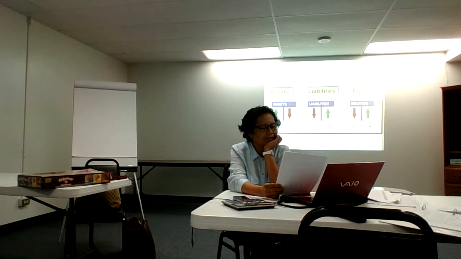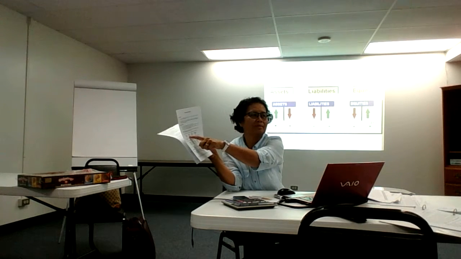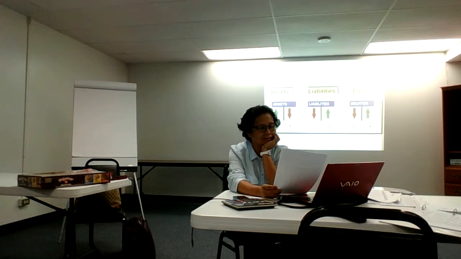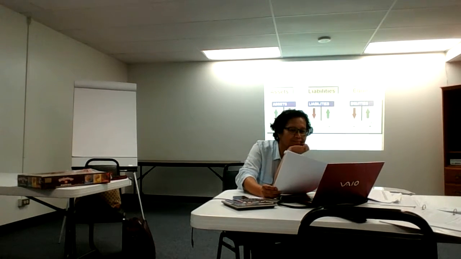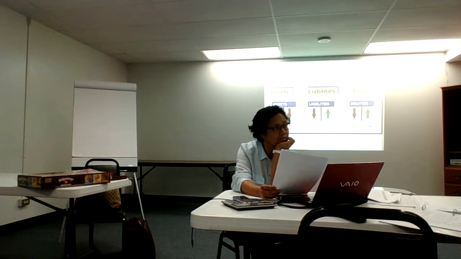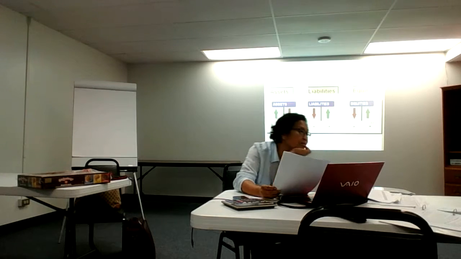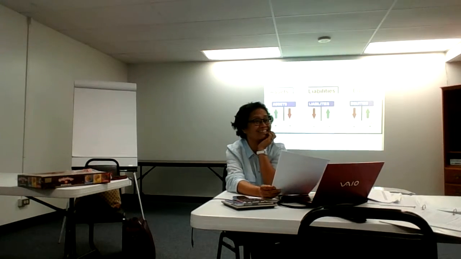On the debit side, it says the debit is increase. The credit is decrease. The normal balance of asset is debit. It's abnormal if it's credit, right?